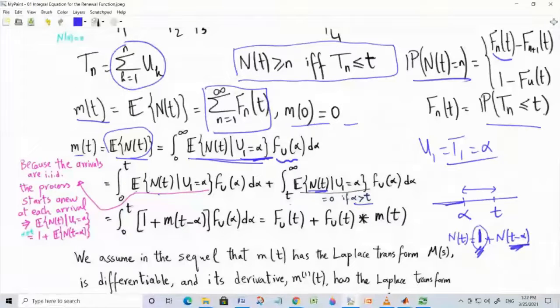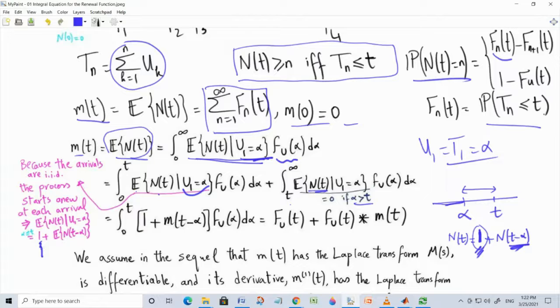The trick is that if you condition on the first event occurring at time instant alpha, then the expectation of N of t given that U1 is equal to alpha is 1. So this 1 is the first event that has occurred at time instant alpha.